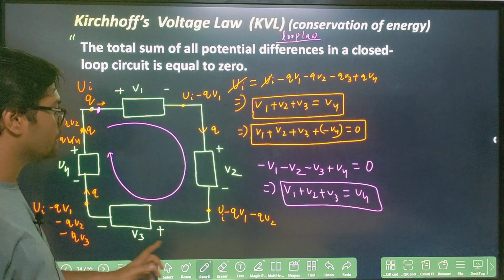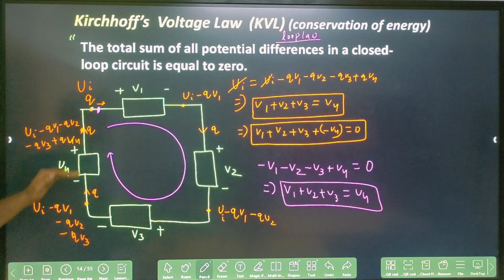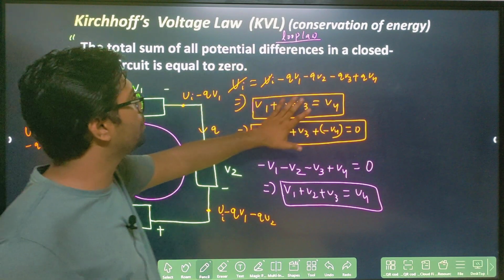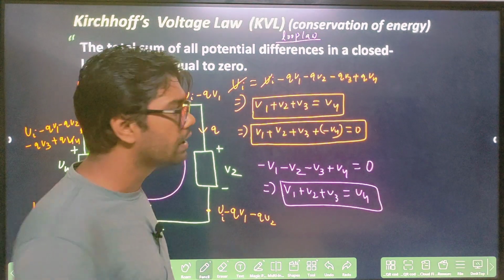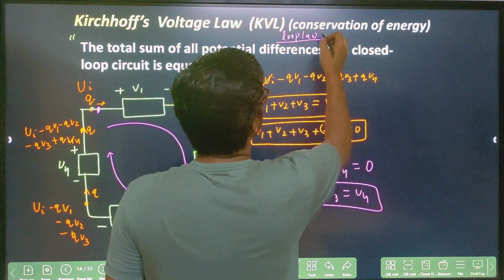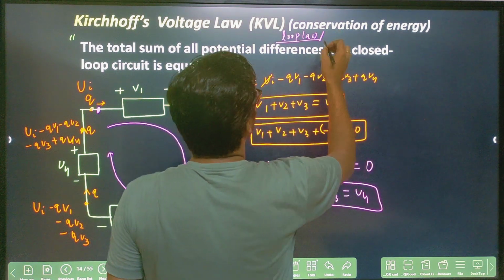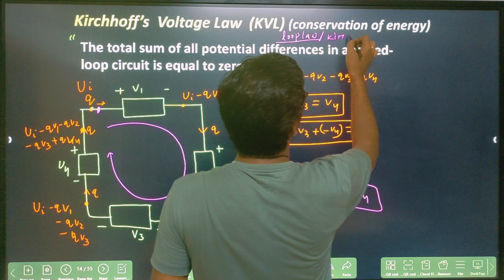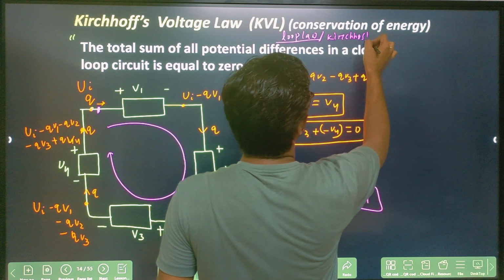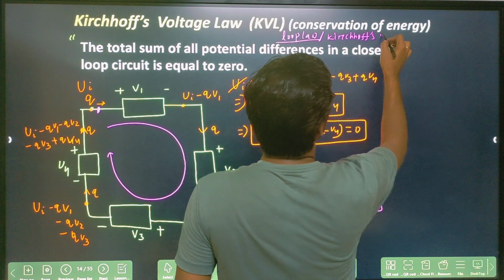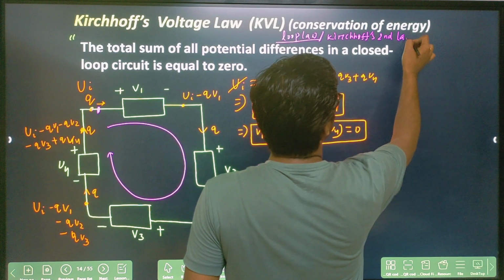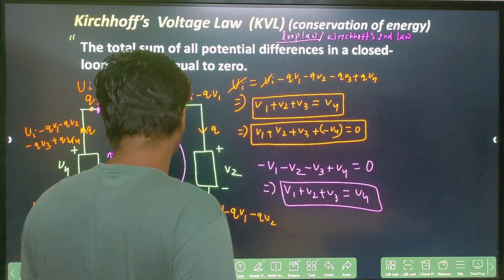Here is a drop in potential, minus V3, but here is an increase in potential, V4, because it's negative to positive. And this thing is proved by conservation of energy, right? This is right, okay. So this is called the loop law, or this is also called Kirchhoff's second law. Clear?